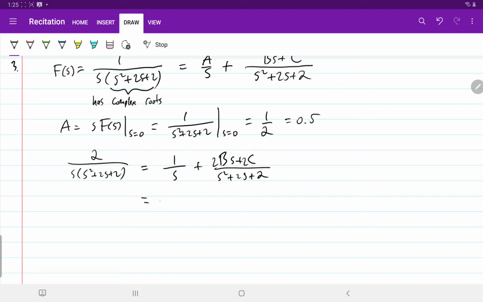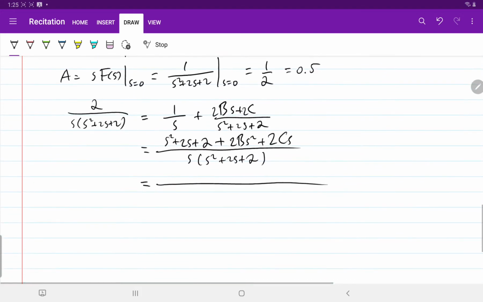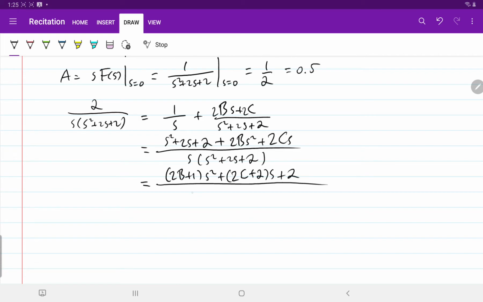You have s squared plus 2s plus 2, and then you cross multiply this term with s, you have 2b s squared plus 2cs, and then you have 2b plus 1 s squared plus 2c plus 2 s plus 2, and the denominator is s squared plus 2s plus 2.